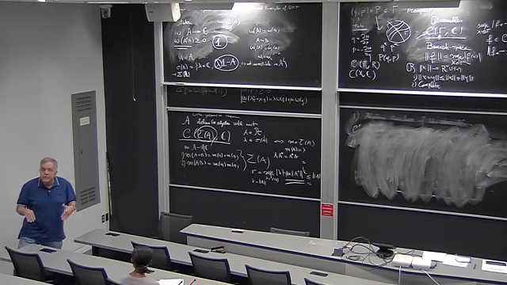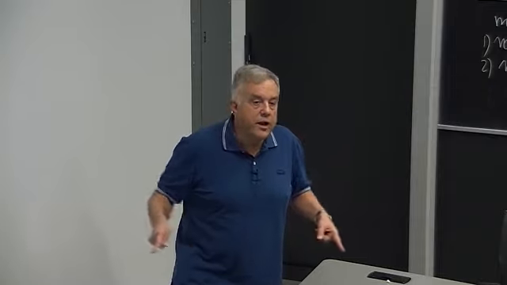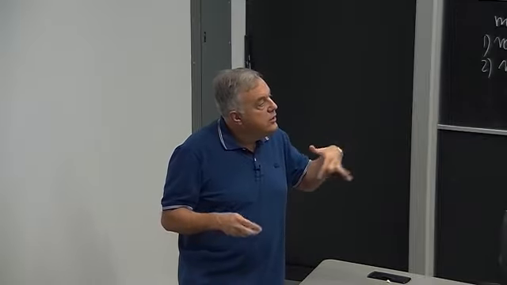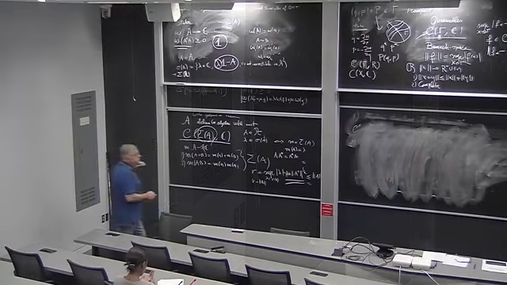The content of the Stone-von Neumann theorem is that if you give yourself the Heisenberg algebra, so the algebra of the commutation relations, all the irreducible representations of the Heisenberg commutation relations are equivalent. Once we have stated and proven the GNS construction, then the proof of the von Neumann theorem will be more or less evident.